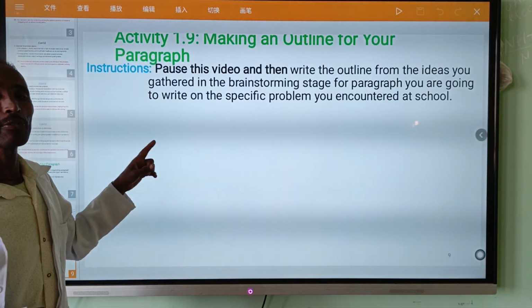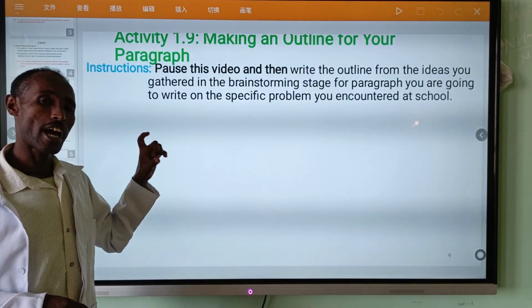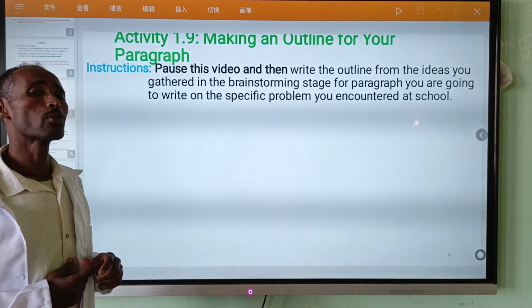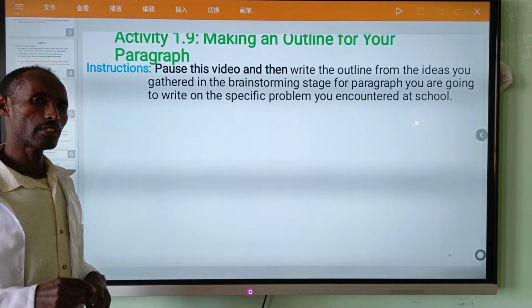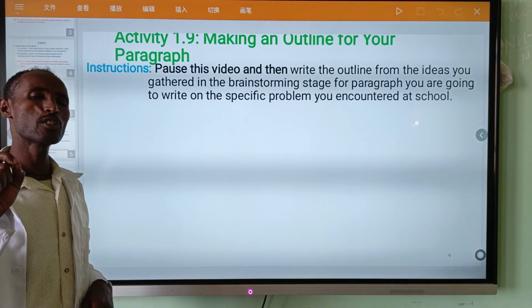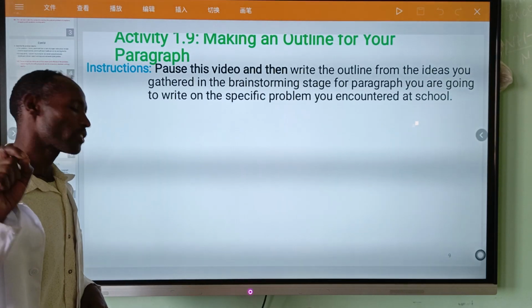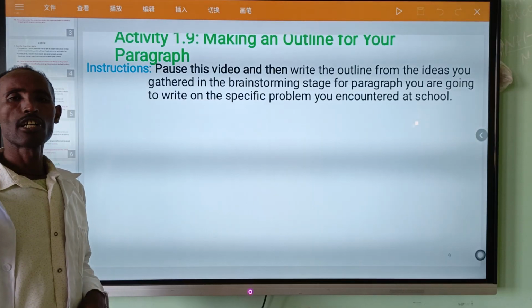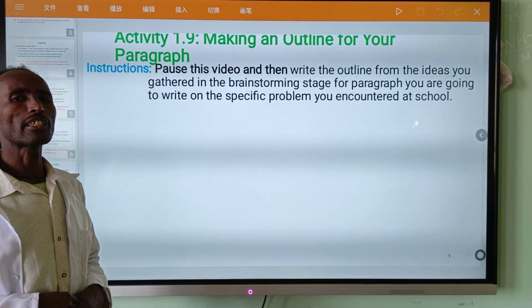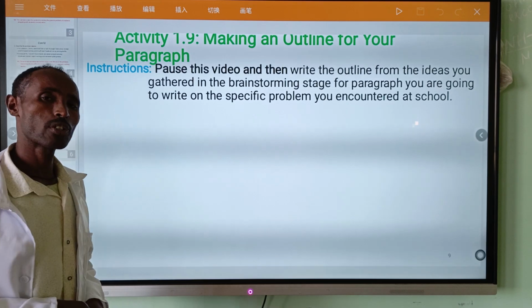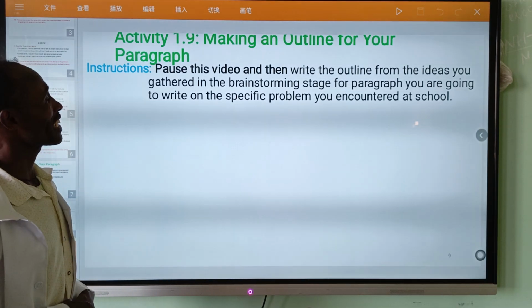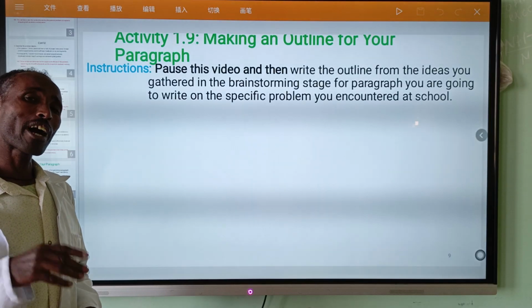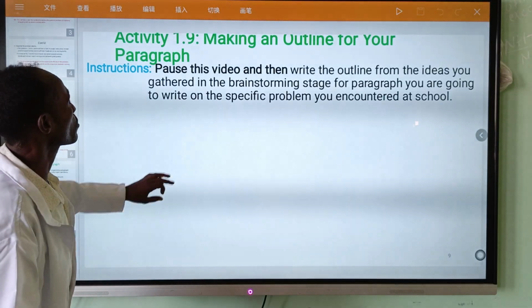Now, this is very important. Write it and you will bring it during the upcoming classroom time. It is very important. It leads you to write the paragraph jointly as well as independently. Therefore, it is critical and you should focus on organizing an outline of the paragraph on the topic you are going to write.